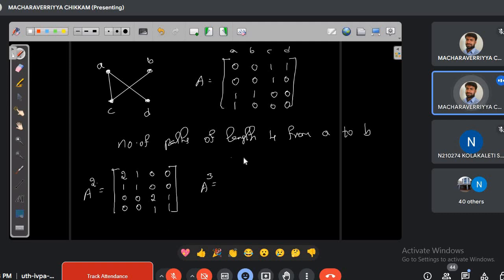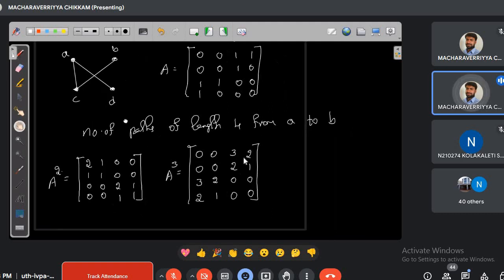So how about A cube? When it comes to A cube, the sum of this: 0, 0, 3, 2, 0, 0, 2, 1. And next the sum, so 3, 2, 0, 0, 2, 1, 0, 0.